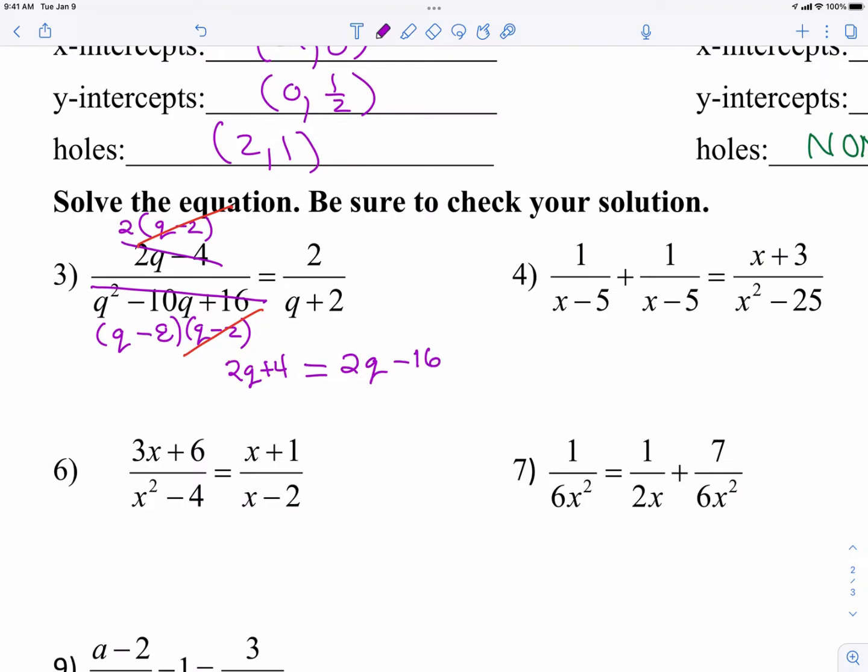Now if we subtract 2q from both sides, the 2q's cancel each other out. That leaves us with 4 equals negative 16. We know that is a false statement. 4 does not equal negative 16. Since that is a false statement, there is no solution to this problem. So the correct answer is no solution.